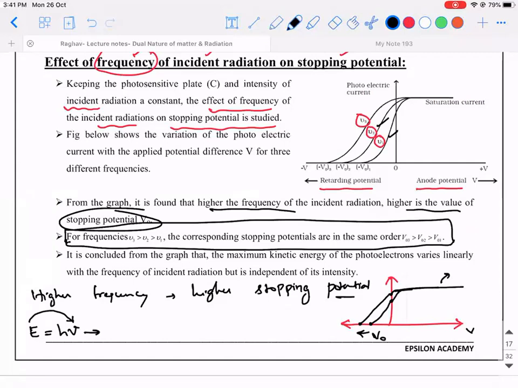So higher is the frequency of the incident radiation, then the kinetic energy attained by the electrons will be maximum. So higher is the value of kinetic energy, then higher is the value of stopping potential. So this is how the flow will go. Okay. Please make a note of it.